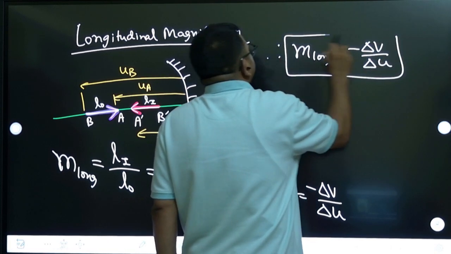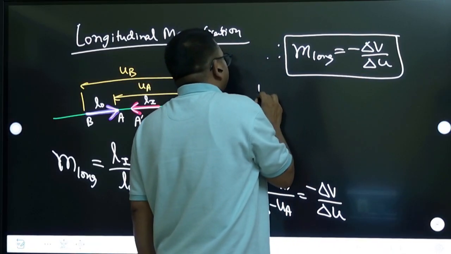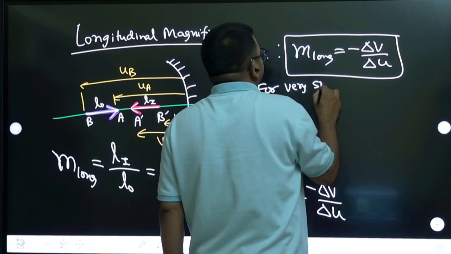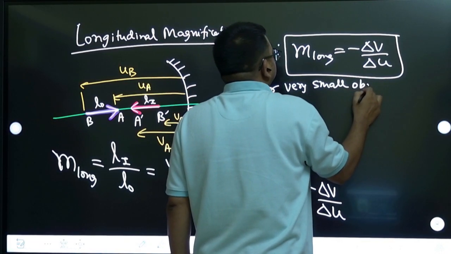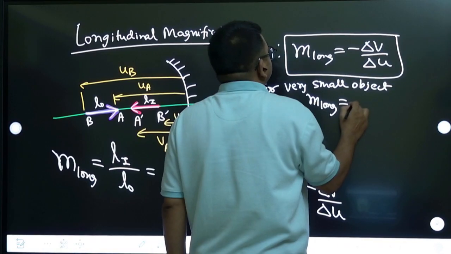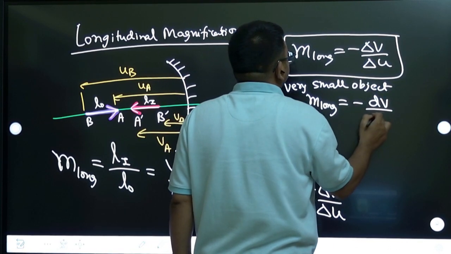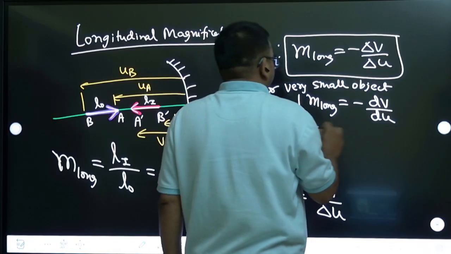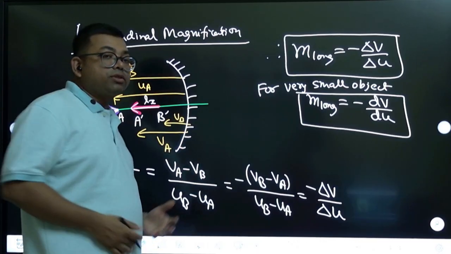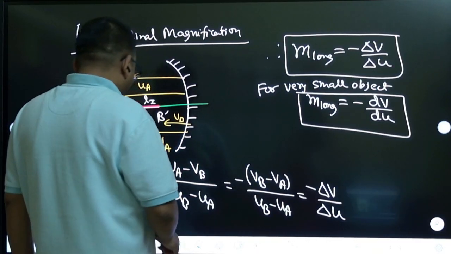And if you consider the object to be very small, for a very small object, we can write this longitudinal magnification as minus dv by du. Very small, right? Minus dv by du. Let us use this formula now.